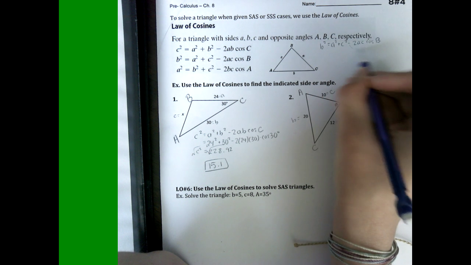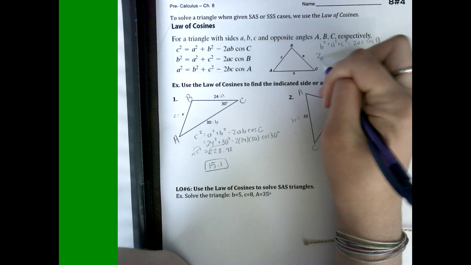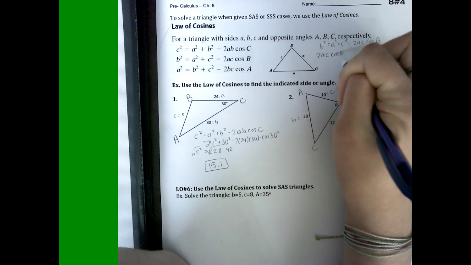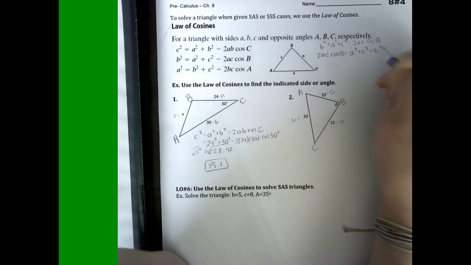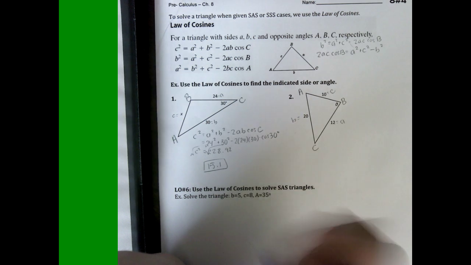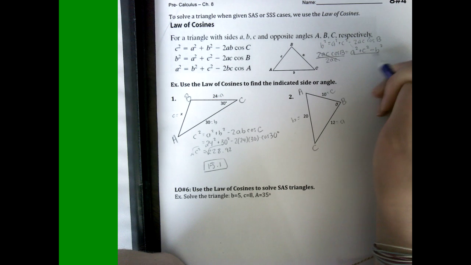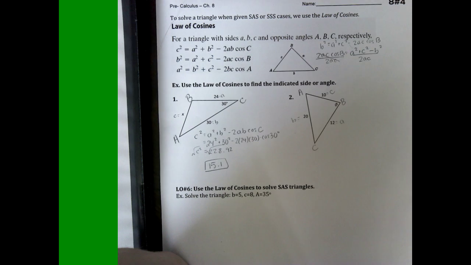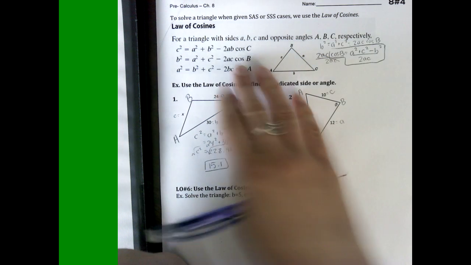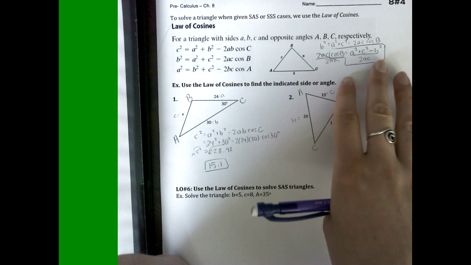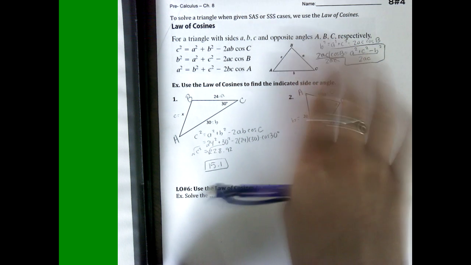I'm adding this, so it ends up over here, and I'm subtracting the b squared, so it ends up over here. Now I've ended up with that. Then to solve for cosine of b, I need to divide both sides by 2ac. So we're getting a new formula based off of this one. You would use this one when you're solving for an angle, and it would follow that same format no matter which one of these you're dealing with.